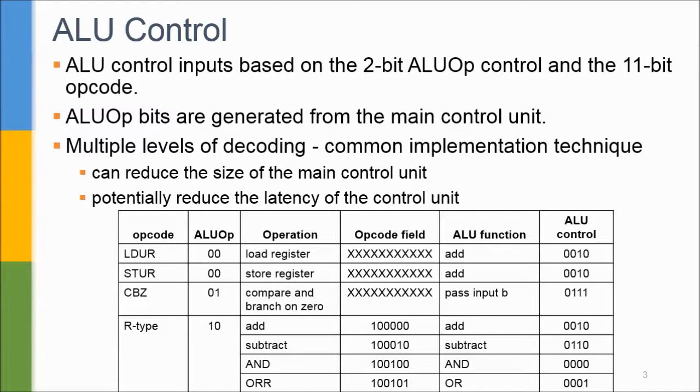In this case, we say that we don't care about the value of the opcode and the bits are shown as X. When the ALU OP value is 10, then the opcode is used to set the ALU control inputs.